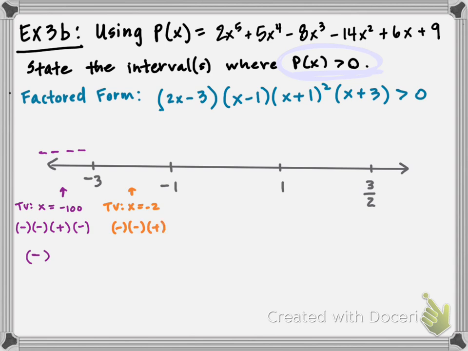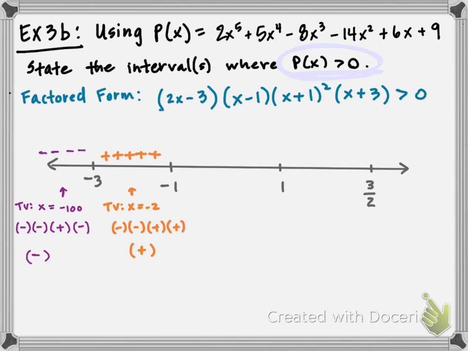Negative 2 plus 3 is a positive. So when I take the product of those four signs, negative times negative is positive, times 2 more positives makes positive. So this is going to be in the positive section of our graph. When x is between negative 3 and negative 1, the graph will be above the x-axis.